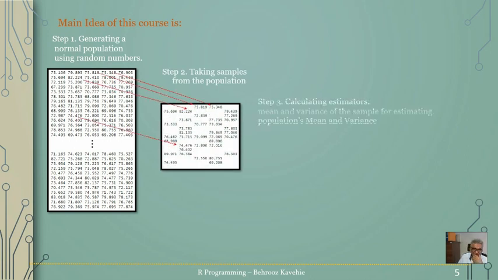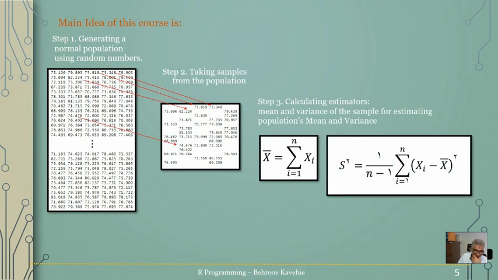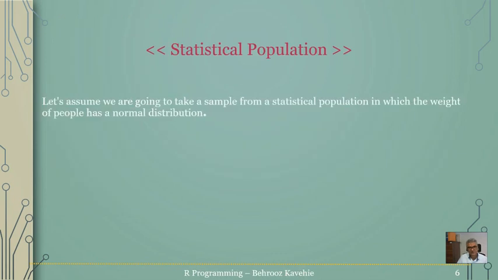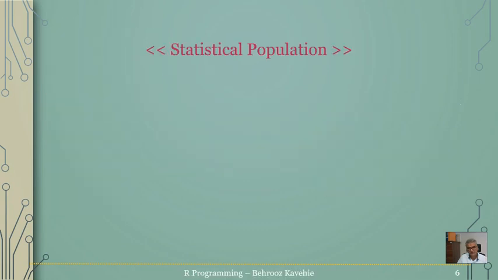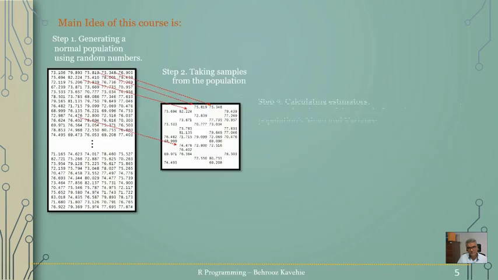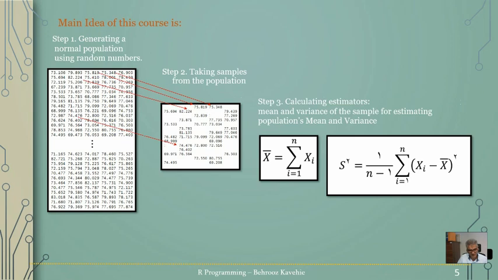Step 3 is to calculate the mean and the variance of the sample. Sample mean and sample variance are actually estimates of our population's actual mean and variance. We are going to test the accuracy of the simple random sampling method.